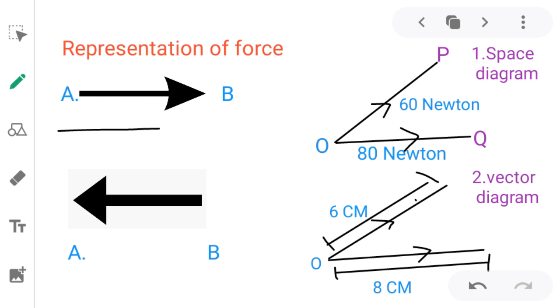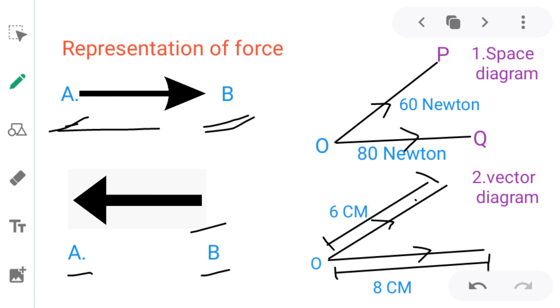Here the arrow mark is indicated from A to B. That means the force is acting from A and it is ending at B, acting from A to B. In the second diagram, the force is starting from B and ending at A. In the first diagram, the starting point of force is from A and towards B. So these left and right arrow marks are used to indicate the force.